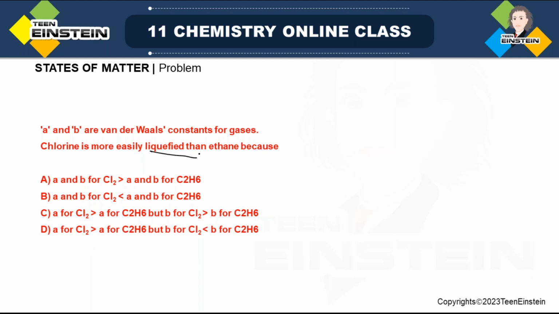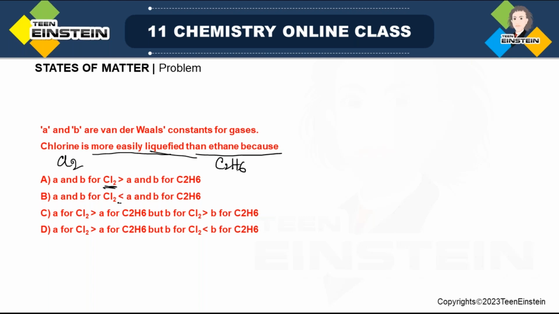But here it is already mentioned that chlorine is more easily liquefied than the other gas, ethane. So ethane is C2H6 and chlorine is a diatomic halogen, Cl2. Now, as it is already mentioned that chlorine is more easily liquefiable compared to ethane, from this we have to choose the correct option related to A and B. Option A says that both A and B for chlorine are greater compared to the other gas.